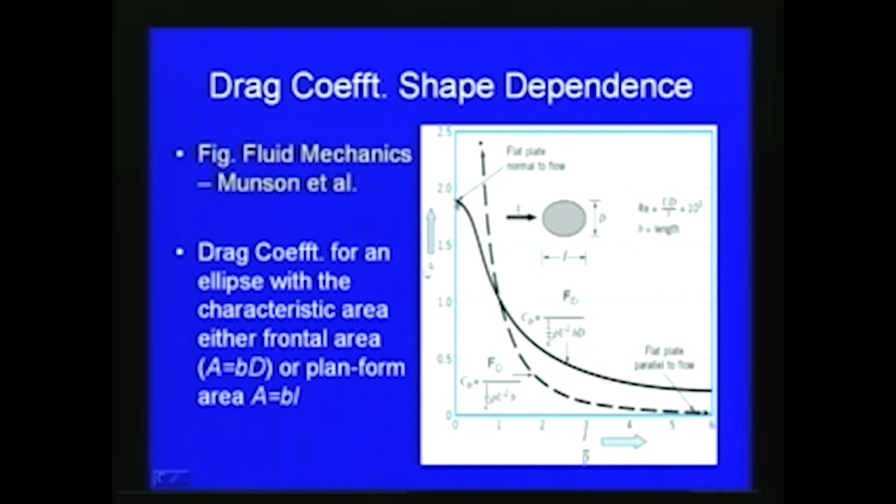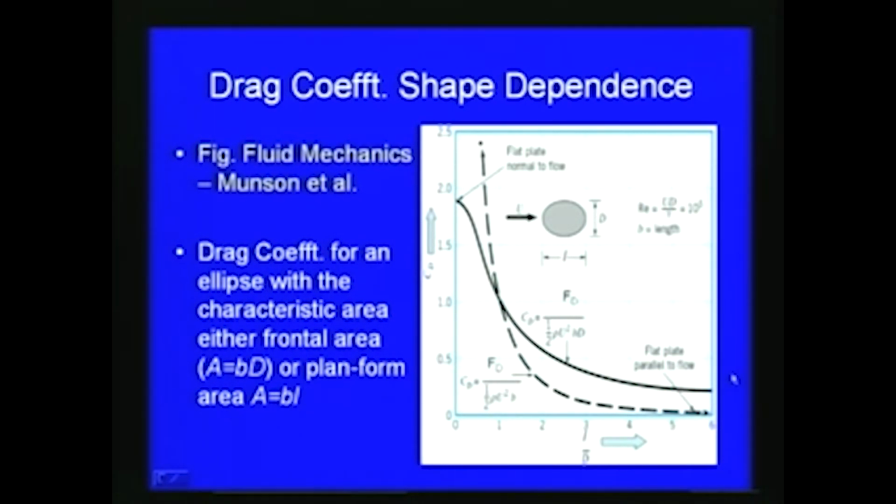And if the flat plate is put parallel to the flow, then you can see it is a very small value, the coefficient of drag is very much reduced, almost 0, or 0.001 or 0.002, a very small value is obtained.